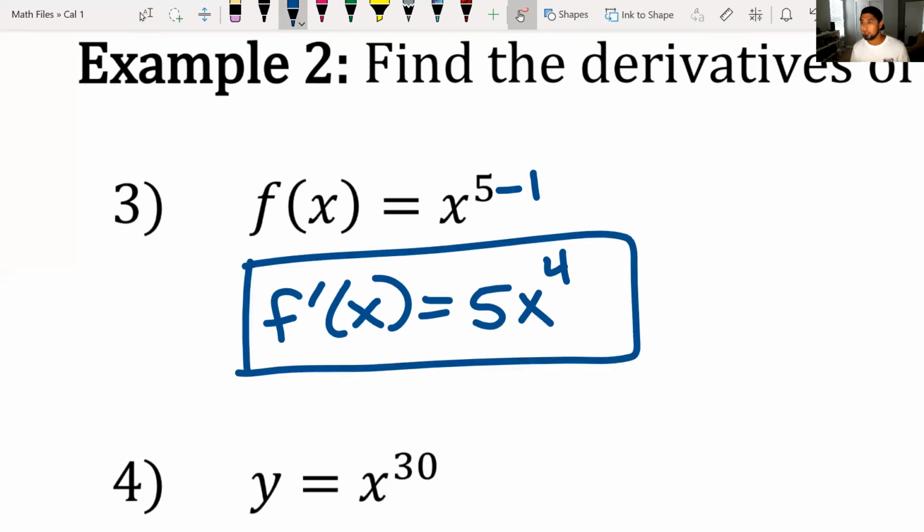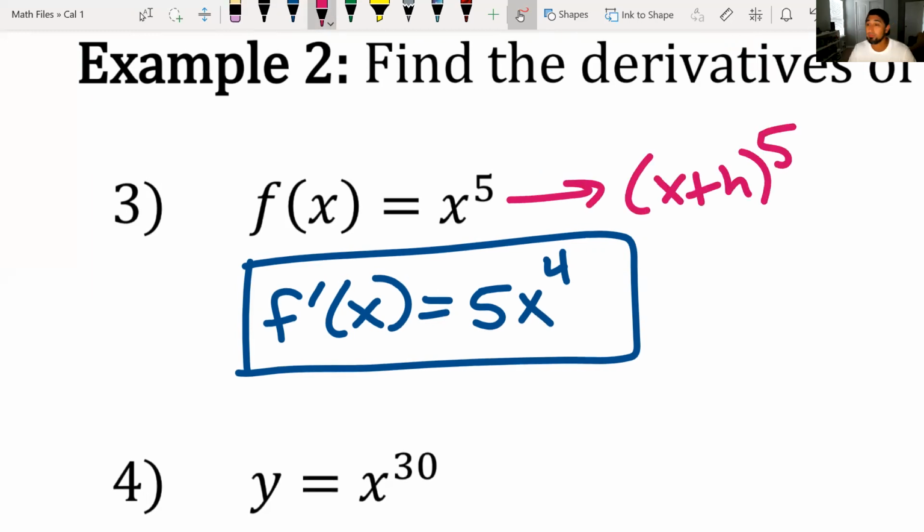Oh my goodness, life is good, right? No more definition. We just did that derivative in like 1 second. Imagine if you were doing the definition on this problem. You would have x plus h to the fifth, which means you would have to distribute that 5 times.